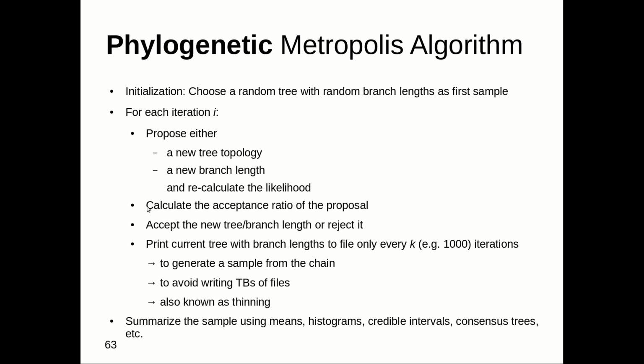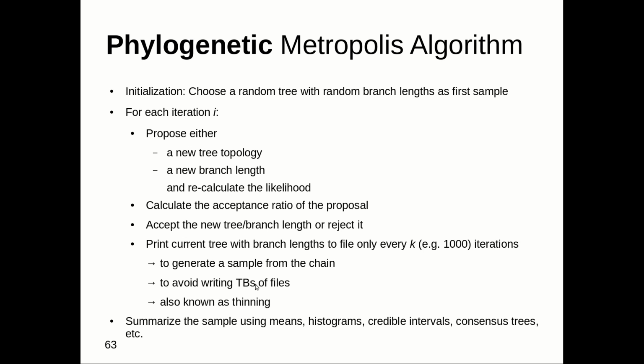Then we calculate the acceptance ratio of the proposed new tree or new branch length, and we accept or reject it. We also print the current tree with its branch lengths to file every k, for instance 1,000, iterations, to generate a sample from the chain. This is then the output of our MCMC method.